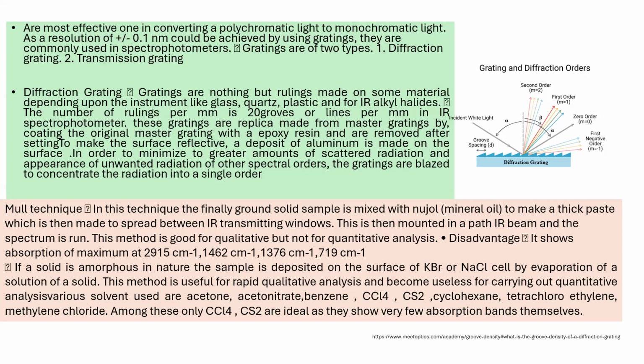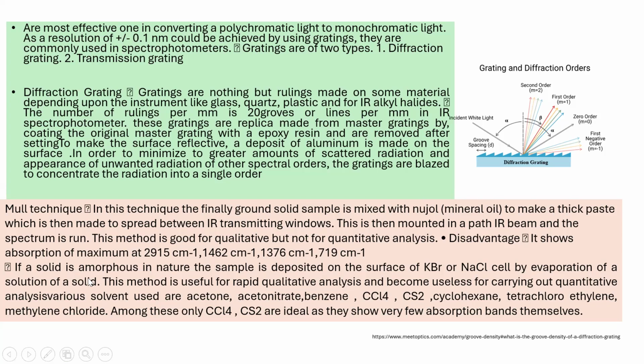But when you use oil based preparation, there is one disadvantage: it shows absorption maxima at three different wavelengths, 2915, 1462, etc. So this is a limitation. If your analyte is also going to be actively absorbing in this range, then it will give an erroneous result. So you have to have another method. Remember this as the limitation of using this oil based preparation.